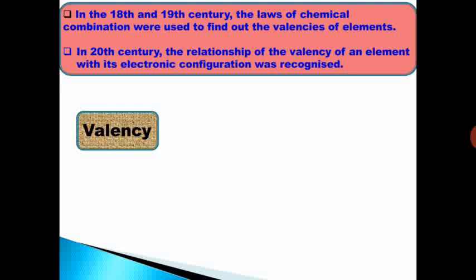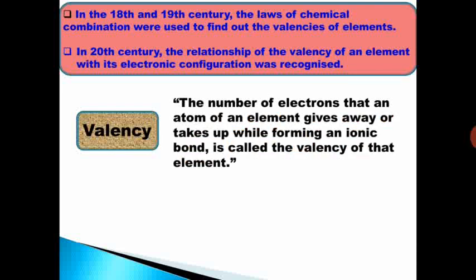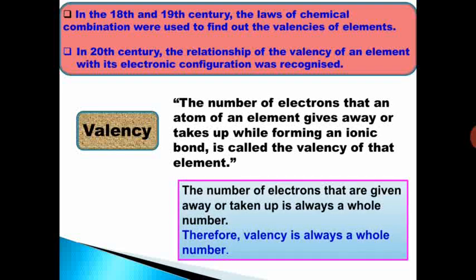According to that, valency is defined as the number of electrons that an atom of an element gives away or takes up while forming an ionic bond. The number of electrons that are given away or taken up is always a whole number. It's not like 1.5 electrons are given or half an electron is taken. It is always a whole number, and therefore valency is always a whole number.